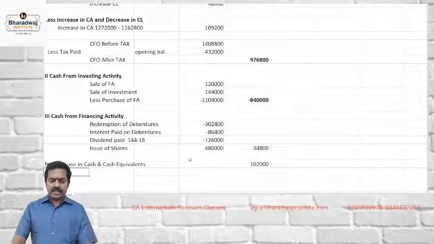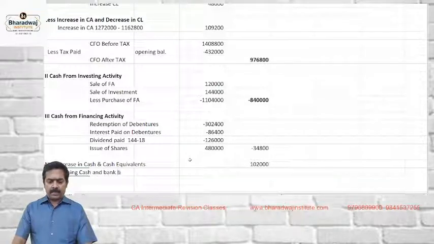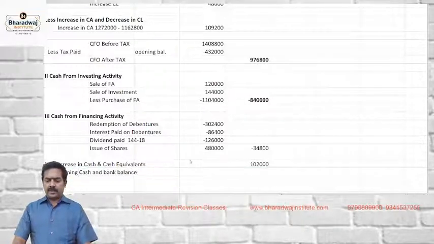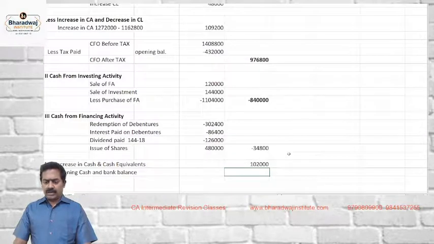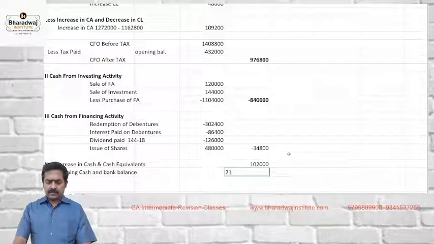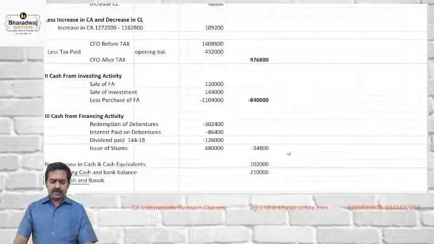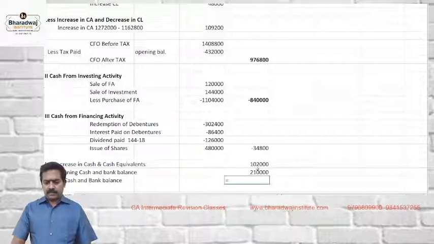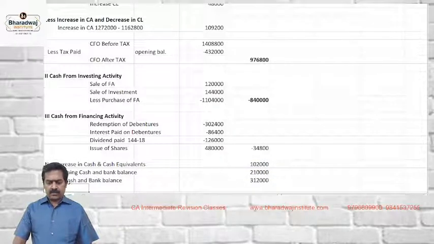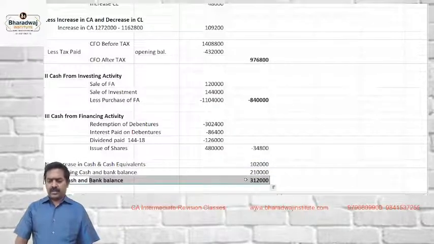Add opening cash and bank balance. What is opening cash and bank balance given? 2,10,000. You get closing cash and cash equivalents. Three lakh 12,000.